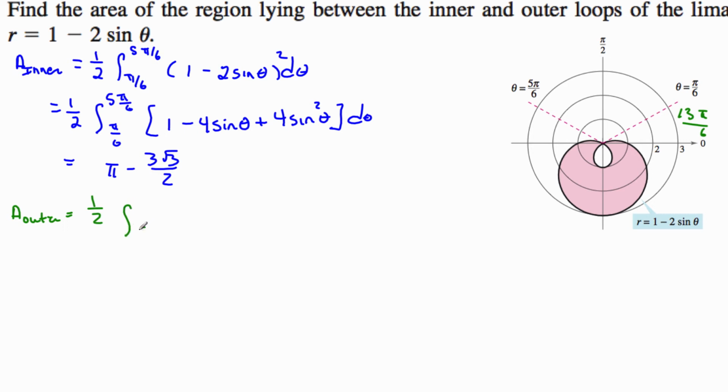Now this time we're going to start at 5 pi over 6, and we're going to end at 13 pi over 6. The same thing. I forgot my 2. Now, if I do that, I see my outer one, and I'm not going to do all of this, is 2 pi plus 3 root 3 over 2.